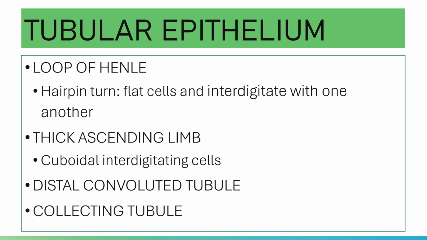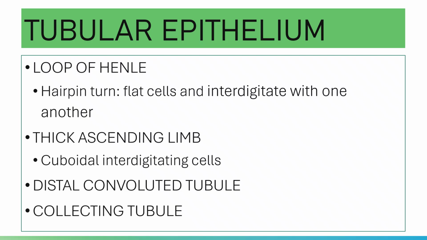And then the thick ascending limb is made of cuboidal interdigitating cells. But please note that it is only the basal two-thirds of the distal tubular cells that interdigitate. The topmost or luminal portion of these cuboidal cells has a simple polygonal shape and maintains a smooth border with the neighboring cells.